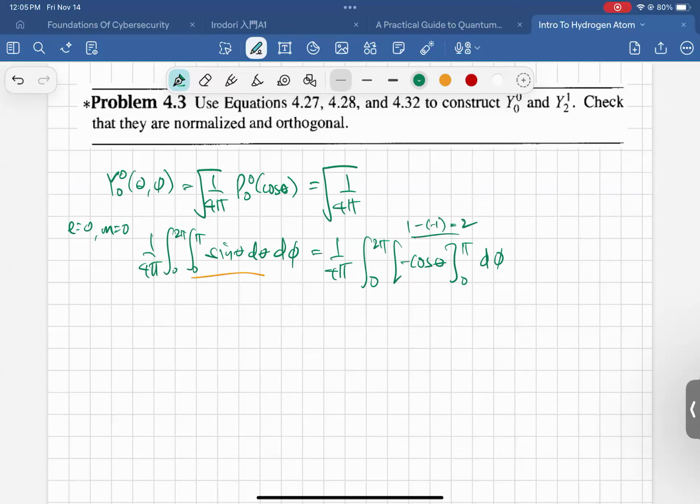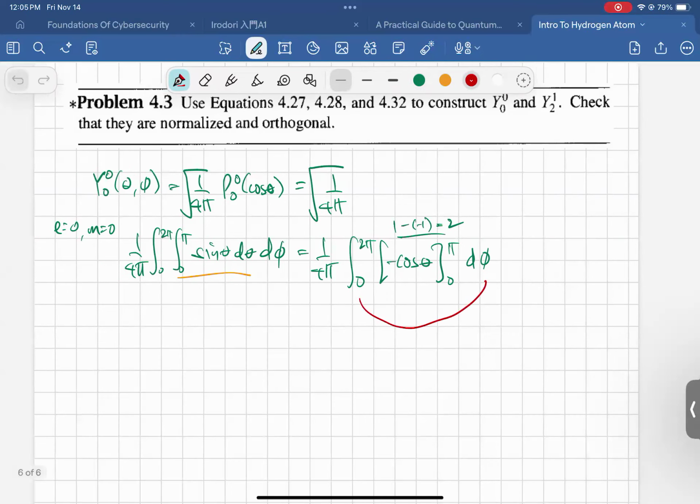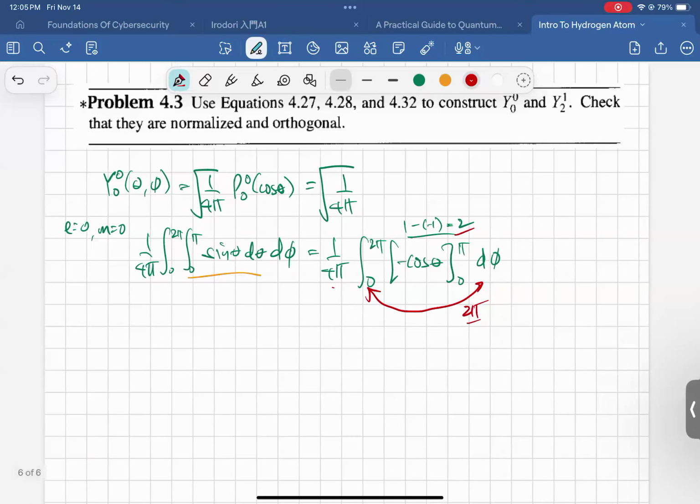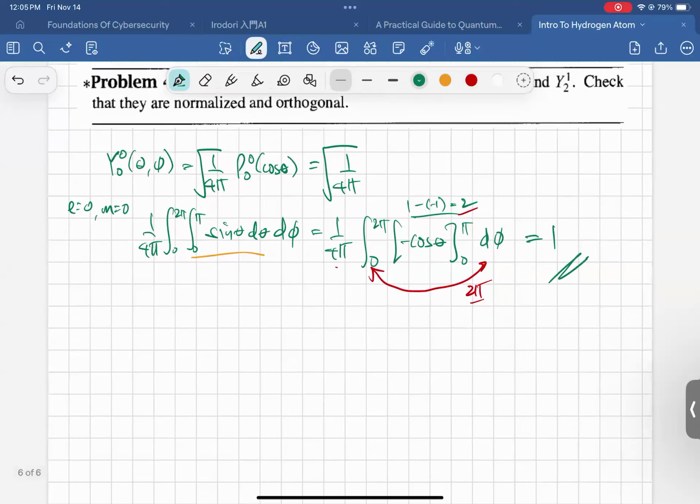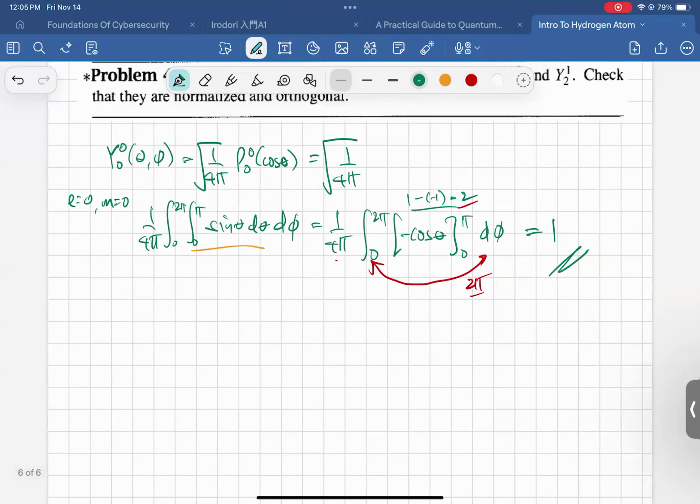And from the phi integral, ang ibibigay naman sa atin yan is 2 pi. So we have 2 pi times 2, that's 4 pi, divided by 4 pi. So that means that the integral is equal to 1. So, that's normalized. Okay.